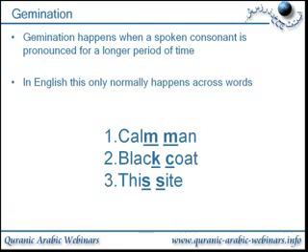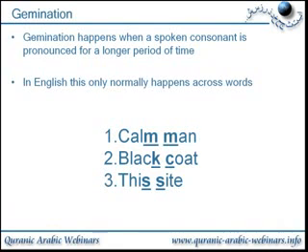So the first one here, if we say calm man, the two M's sort of merge together and you end up holding the two M's for a little bit longer and effectively not taking a pause between the two letters. The second one is black coat. The same thing's happening there, slight pause actually between the K and the C, but generally we're going directly into the sound of the K, into the sound of the C. And probably the best example is number 3.